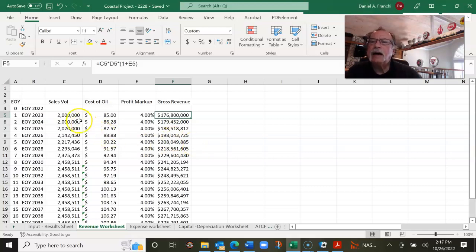So depending upon your assumption, this is the sales volume of oil. This is what it costs. Initially it's $85 a barrel, and we're marking it up 4%. So our gross revenue, our gross sales, is going to be $176,800,000 the first year.